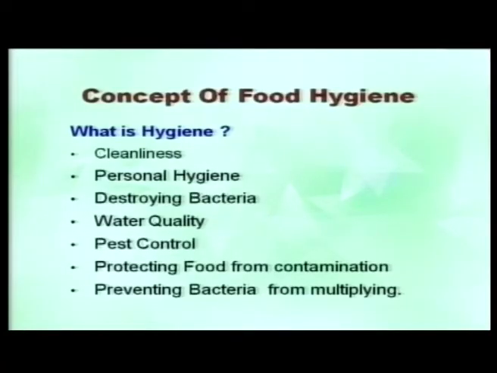These include, number one, hygiene. You need to understand what food hygiene is. When we say hygiene, it refers to cleanliness, that means something which is clean. But now the question is, how clean is clean? Material may be clean for you, but may not be clean for another.